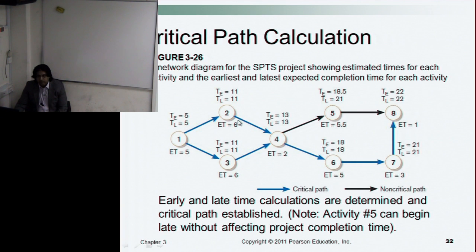Now, similarly, to calculate an earliest time for any activity, you need to calculate the sum that depends on the expected time of the activity itself plus the earliest time of the preceding activity.